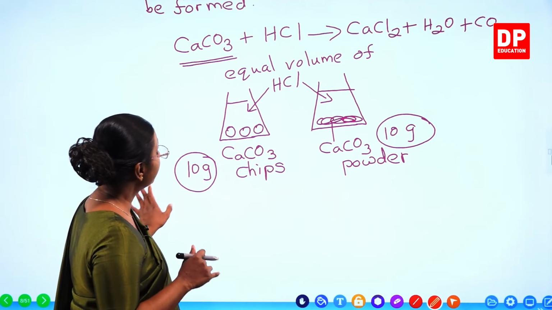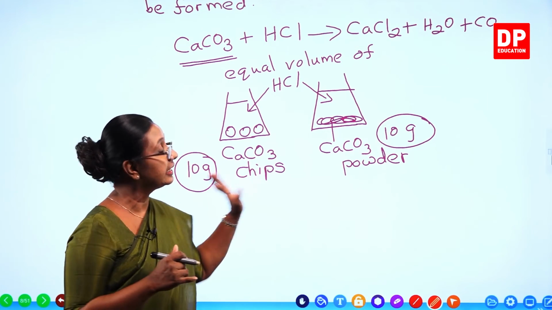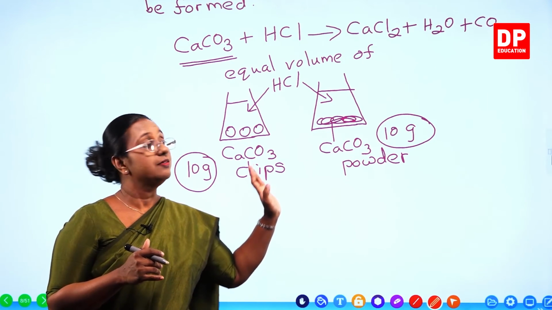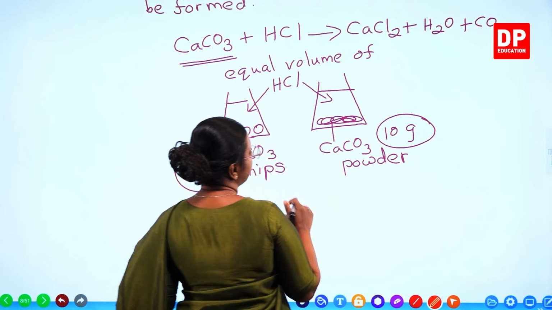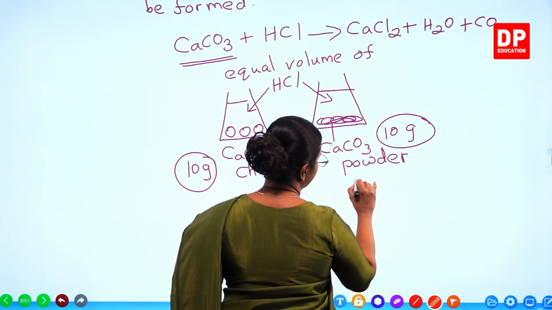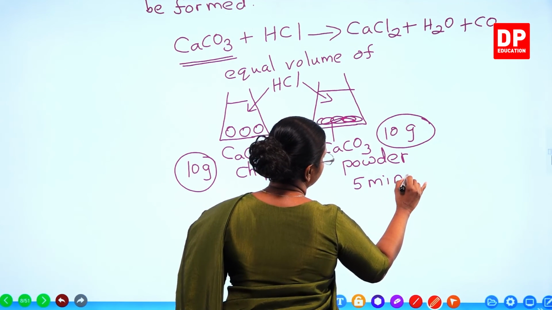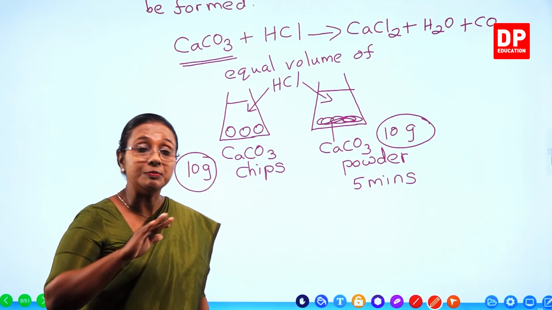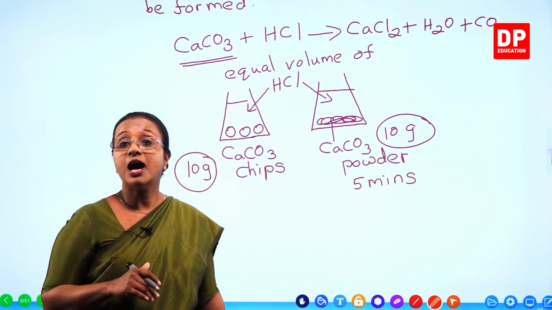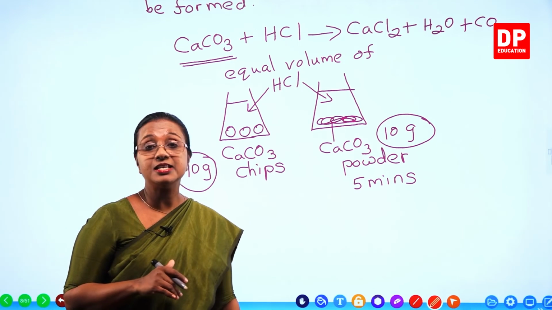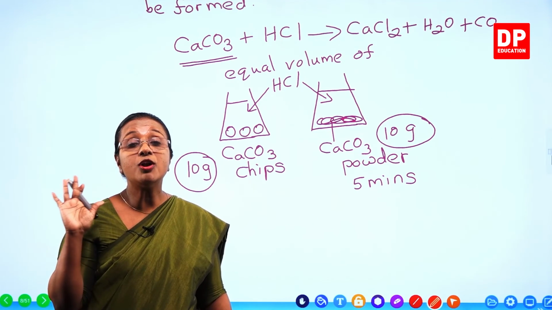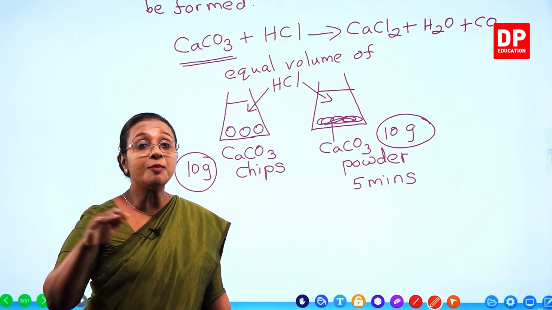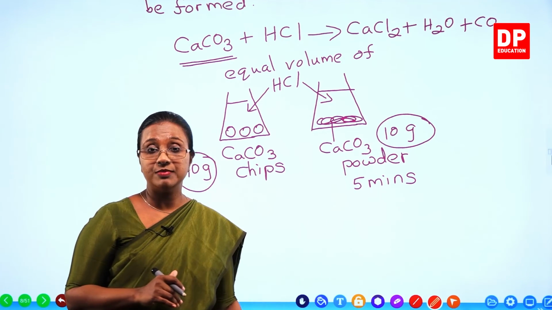So let's say for the 10 grams of calcium carbonate powder to completely react with this hydrochloric acid, it takes 5 minutes. For the evolving of carbon dioxide to stop completely, it's 5 minutes.